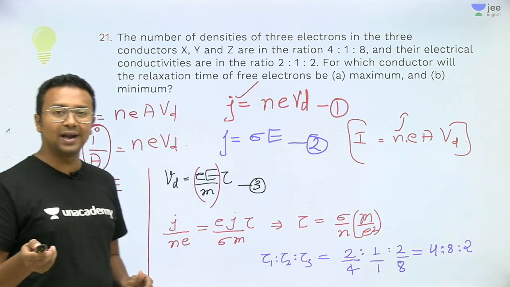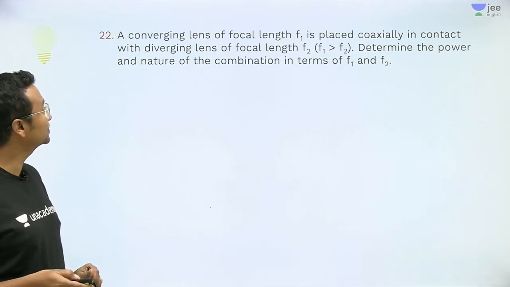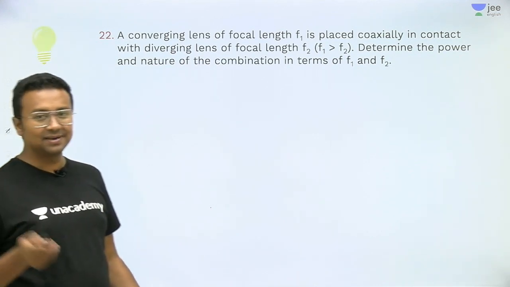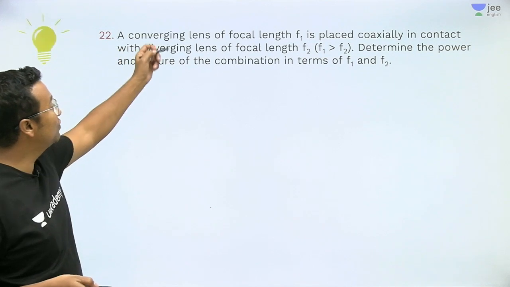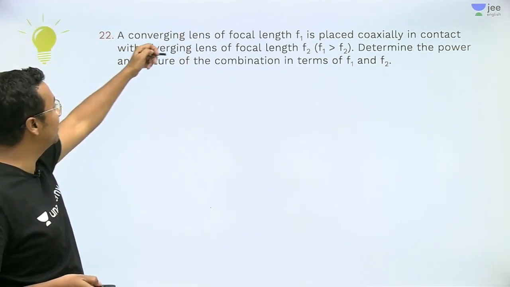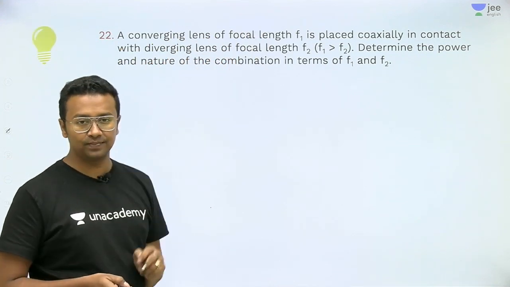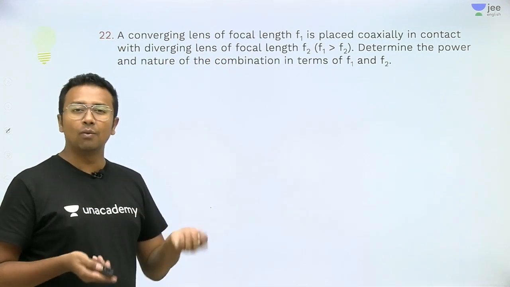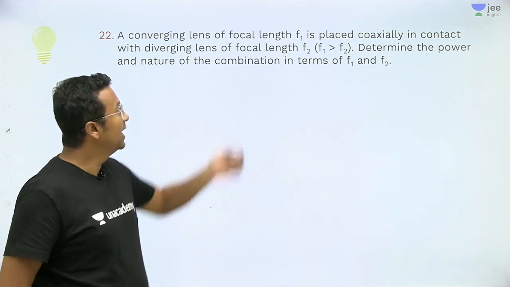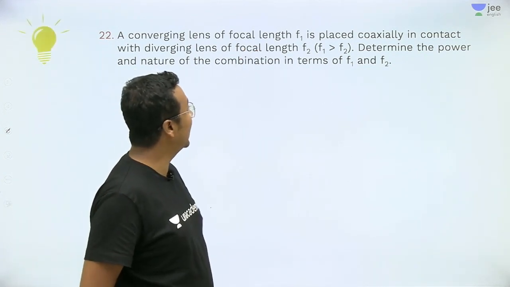Chalo, let's go ahead to the next one. What do we have here? A converging lens, simple question. A converging lens of focal length f1 is placed coaxially in contact with a diverging lens of focal length f2. So, I have got two lenses. One has a focal length of f1, the other has a focal length of f2. Okay, f1 is greater than f2, right?